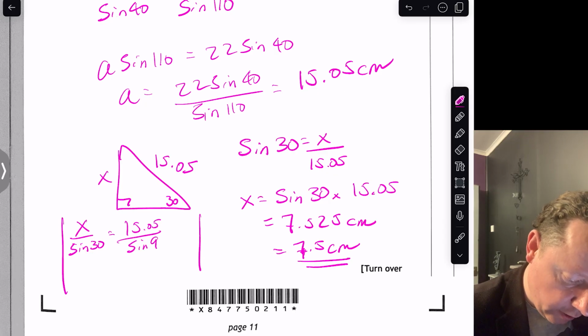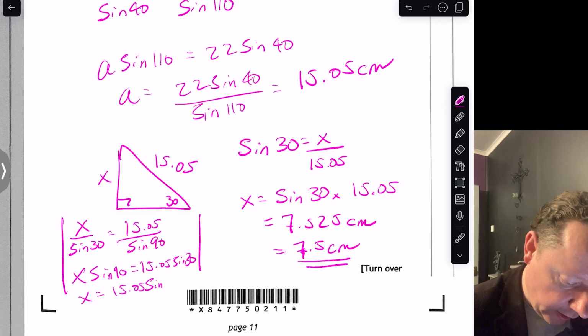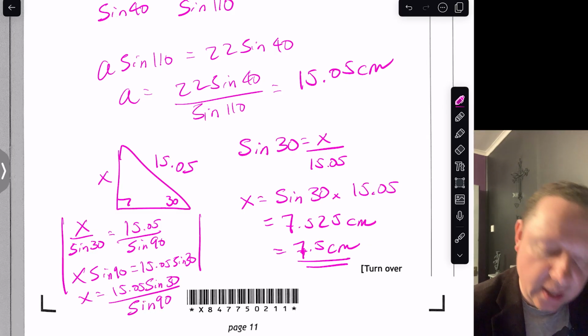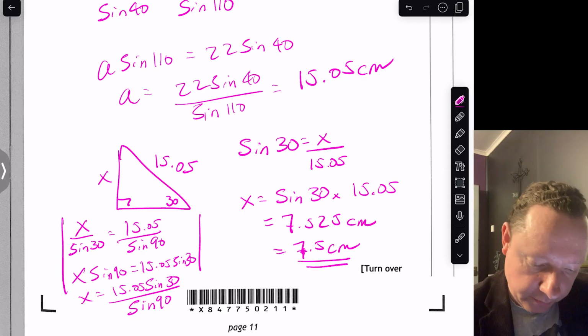If you rearrange that, you get x sine 90 equals 15.05 sine 30, which means that x is 15.05 sine 30 over sine 90. But because sine 90 is 1, if you use your calculator, you'll get the same answer of 7.5.